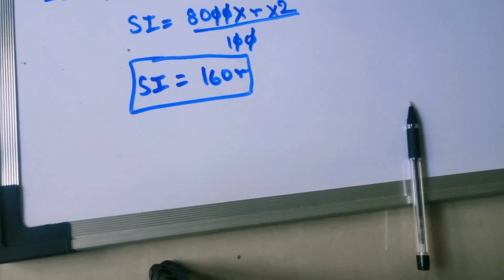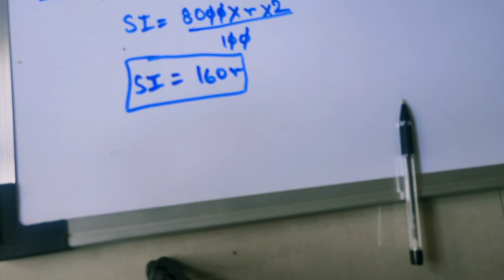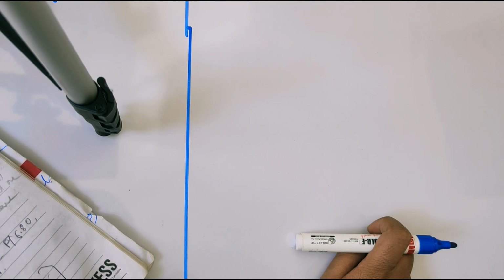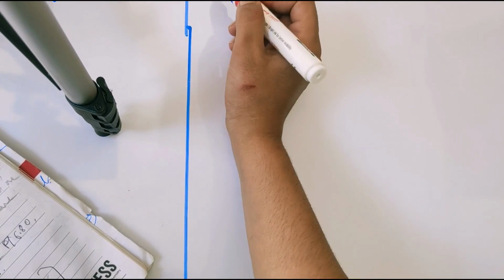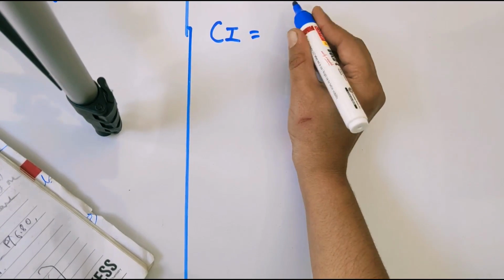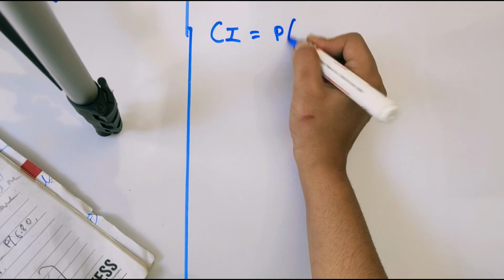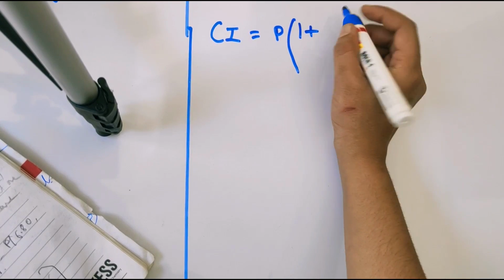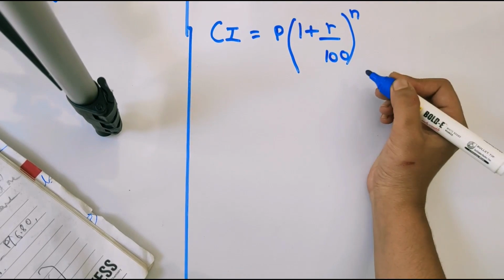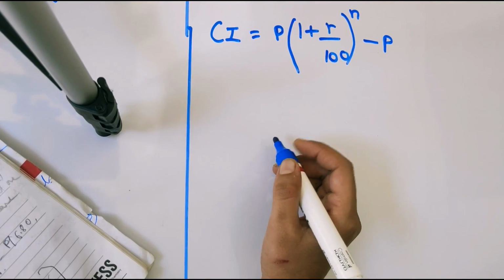Now let's calculate compound interest. Now it is given she has given money to some other person. So whenever she has given the money to another person and she is getting profit, that means she has given it in the form of compound interest. So let's find our compound interest. The compound interest formula is P(1 + R/100) raised to n, minus P. Now let's substitute the values.